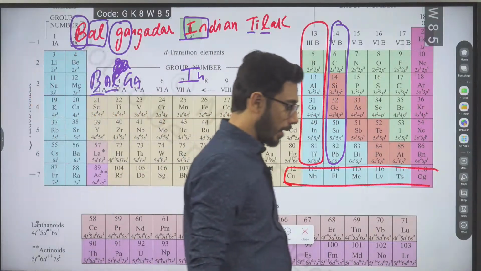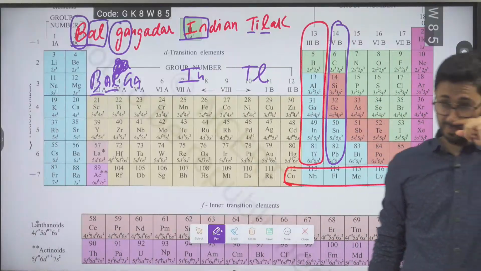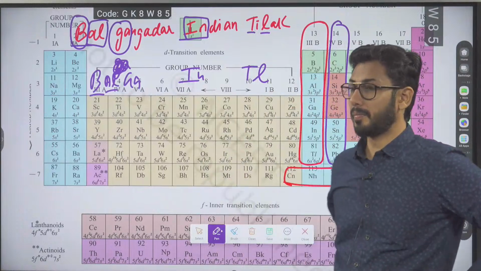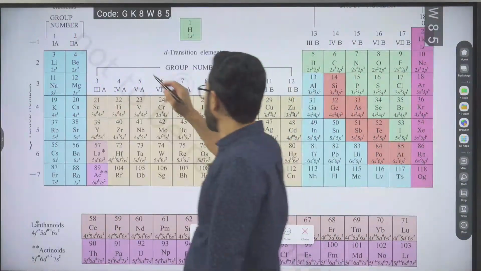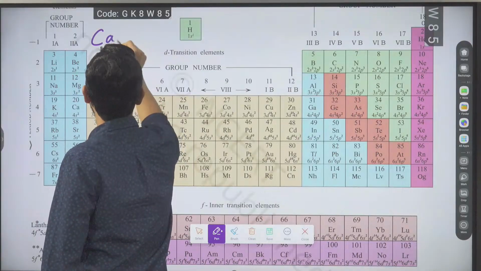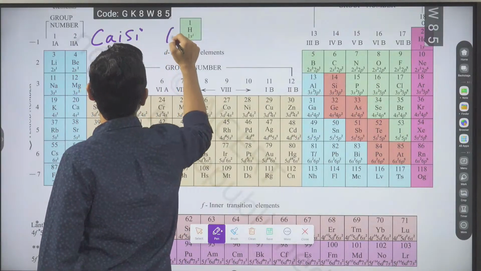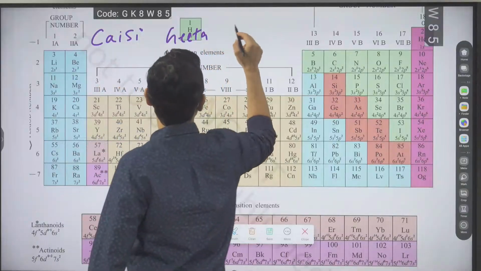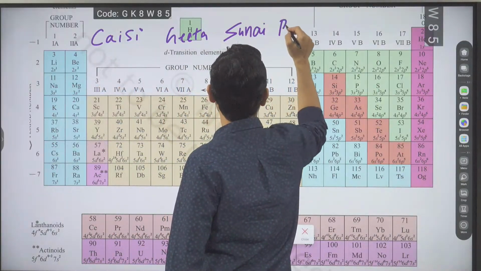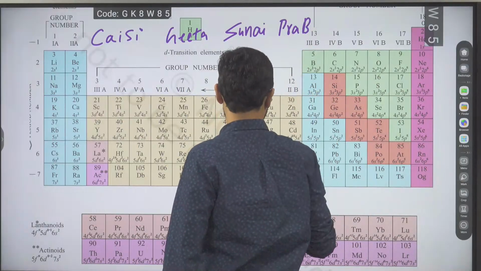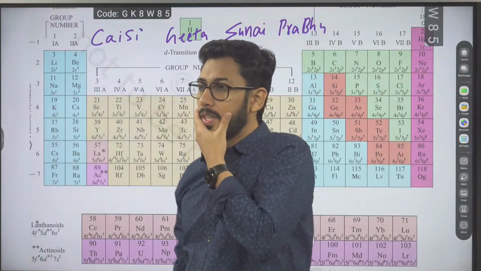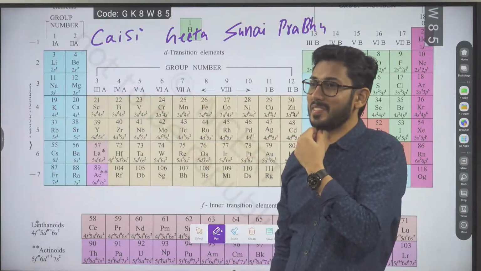ग्रुप 14 कार्बन फैमिली, कार्बन फैमिली में कैसी गाय संत प्रभु फल लेकर.